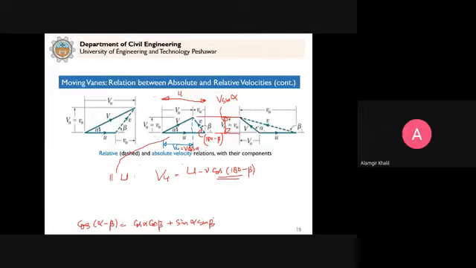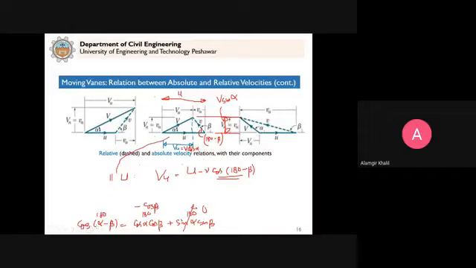If you remember this, now in this case we have alpha equal to 180 degrees. So cos of 180 degrees is -1, and sine 180 is 0. Clear? So this term is 0, and cos of 180 is -1, so this is equal to minus cos of beta.